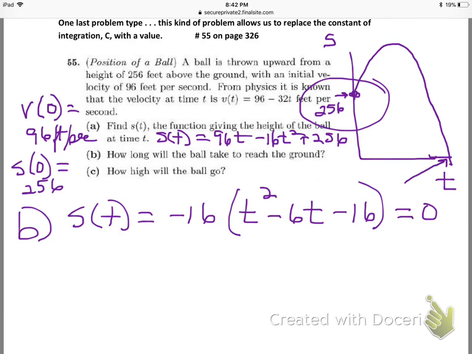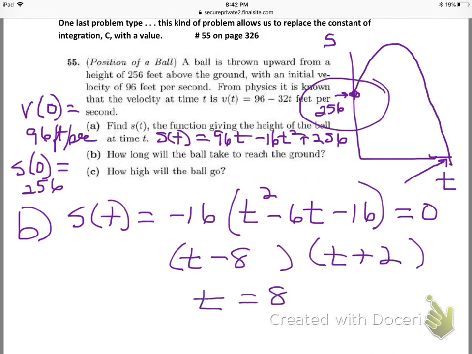That means you're going to have to factor what's in parens. So when I factor, I get t minus 8 and t plus 2. So therefore t is going to equal 8, and t will equal -2. This does not really make sense, so 8 seconds is my answer. It'll hit the ground in 8 seconds.